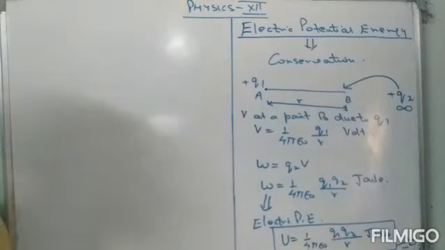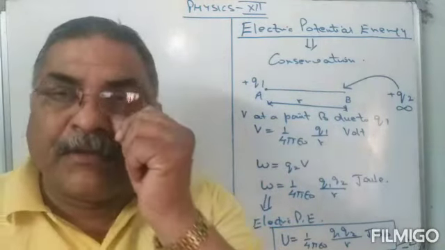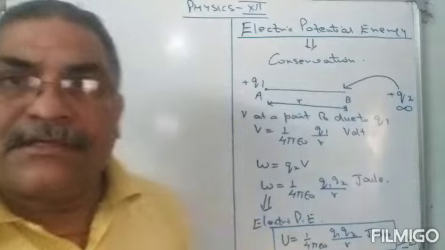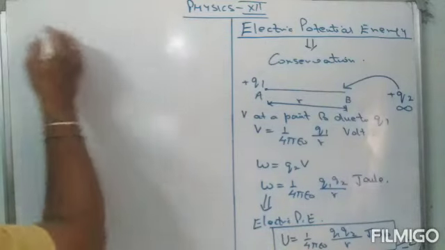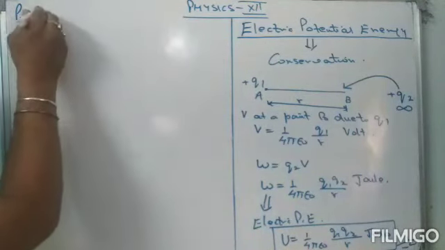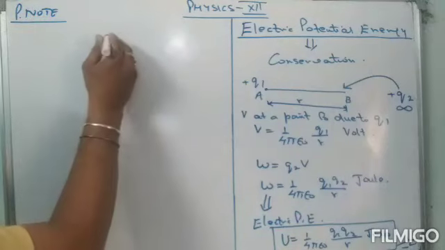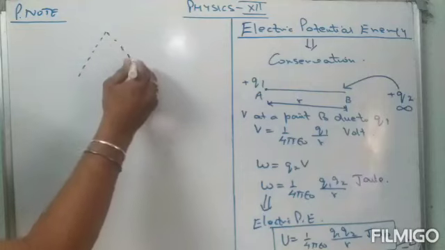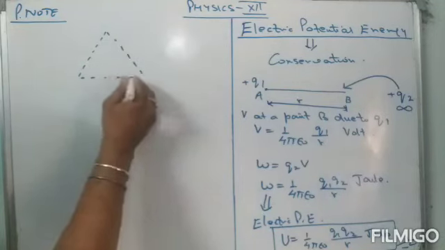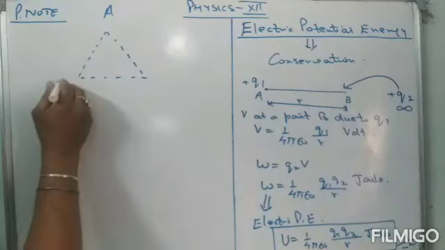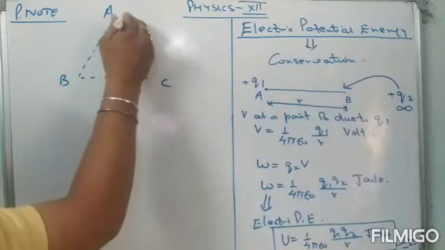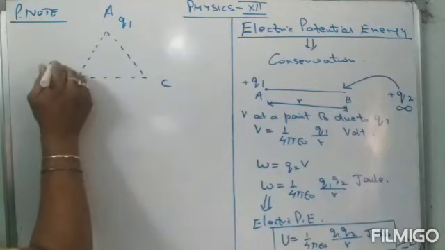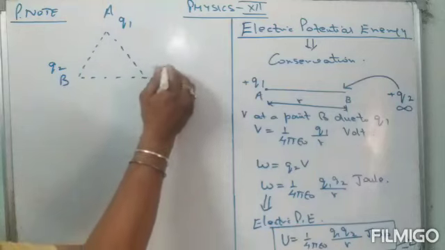Suppose there are three charges. I'll take a triangle with charges at the vertices. Please note, I have drawn a triangle here. This is A, this is B, this is C. Q1 charge, Q2 charge, and Q3 charge.